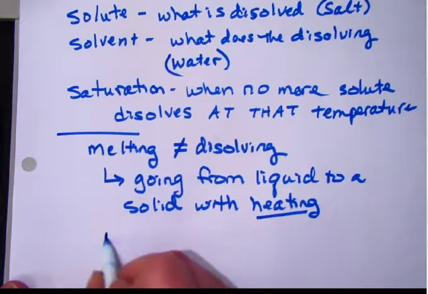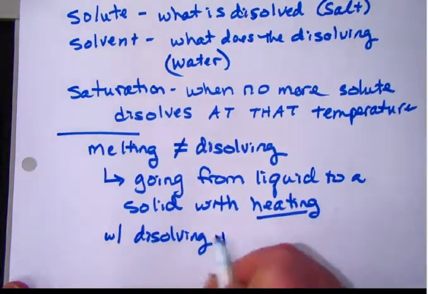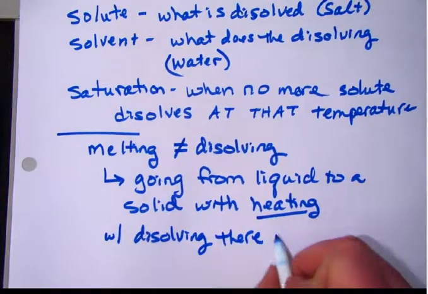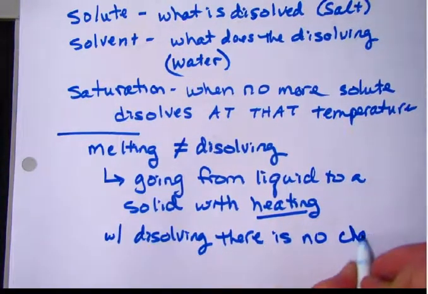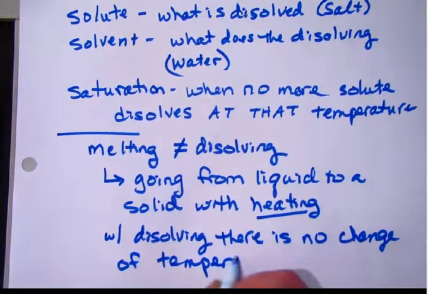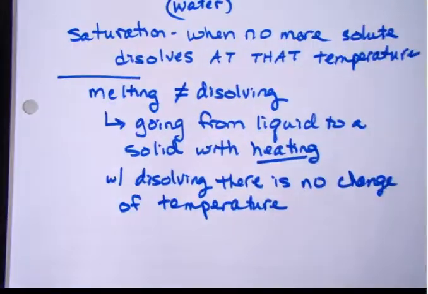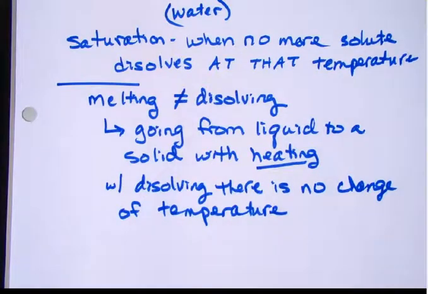So with dissolving, there is no change in temperature. Now don't confuse this with the fact that we did change the temperature throughout the lab. While we were stirring, we did not change the temperature.